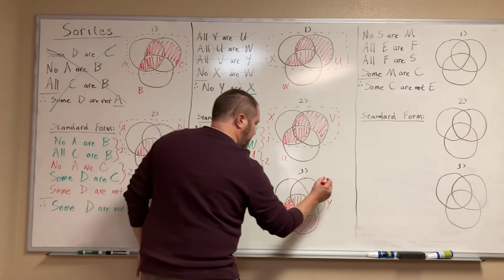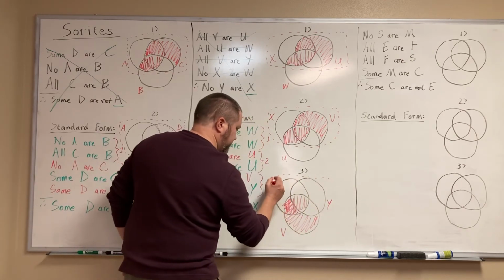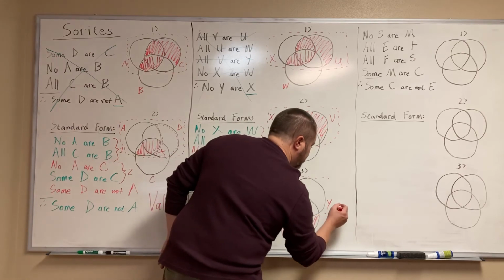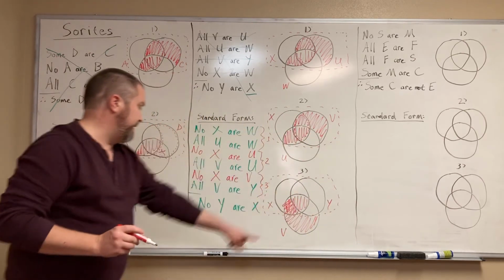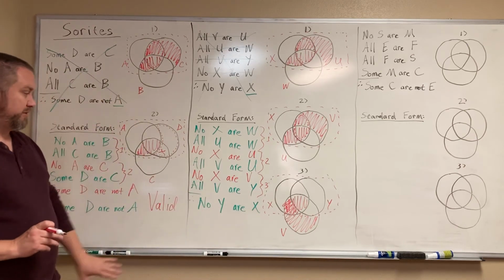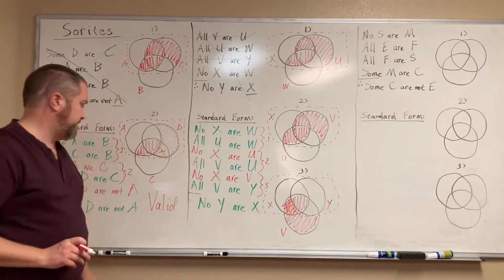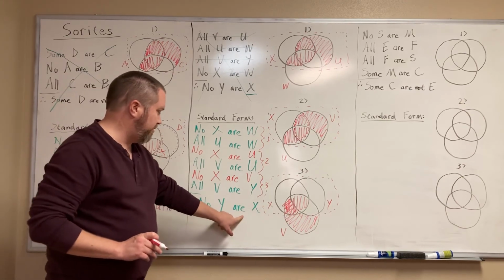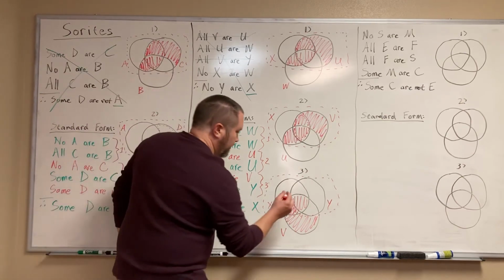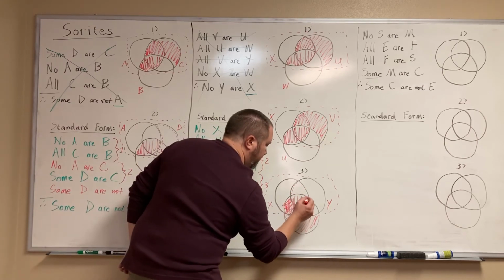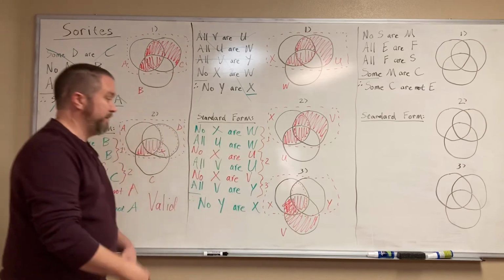And now, since we're down to the conclusion, again we look at X and Y, and those are the two terms that are used in the conclusion. So we're looking at just those two circles, and we're checking to see if this is telling us that no Y are X. And that means that this whole football would be shaded.